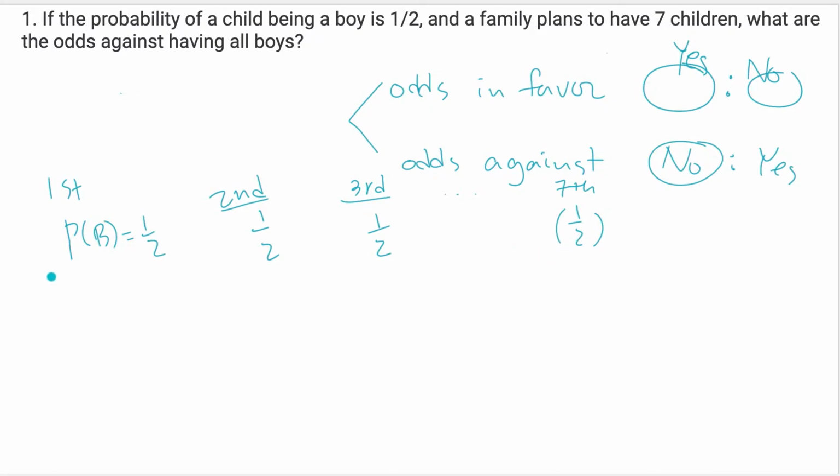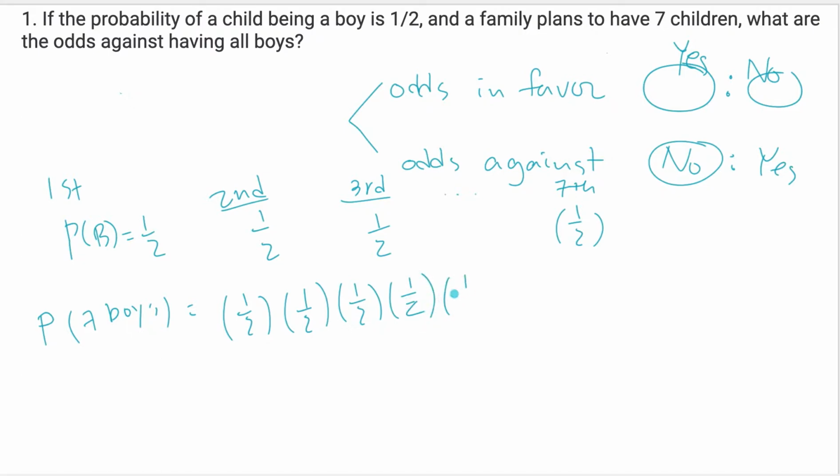So that means the probability to get all 7 boys, 7 children being boys, will be first child to be a boy, second child to be a boy, third to be a boy, fourth to be a boy, fifth to be a boy, sixth to be a boy, seventh to be a boy.